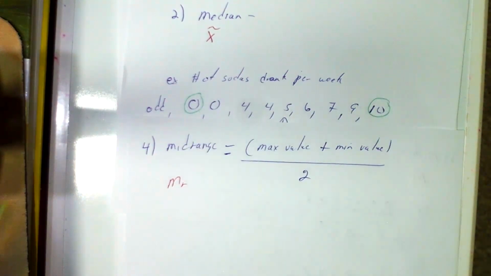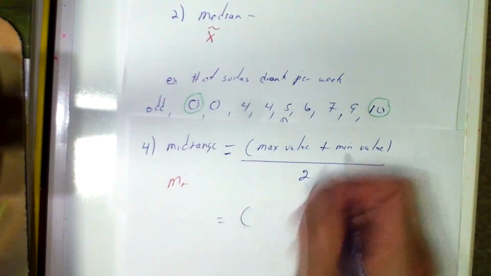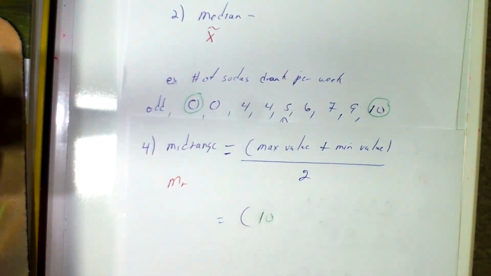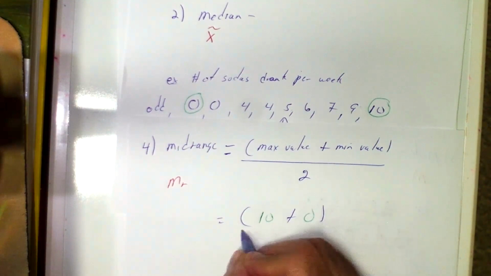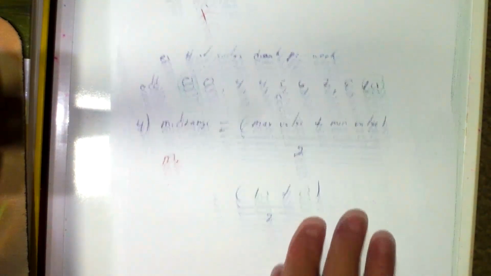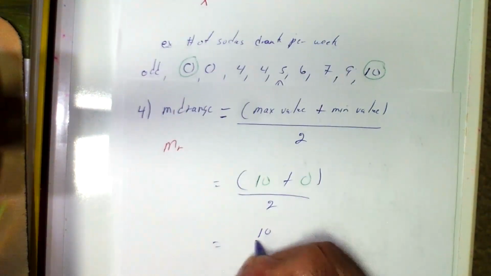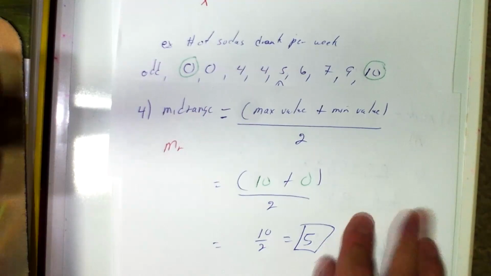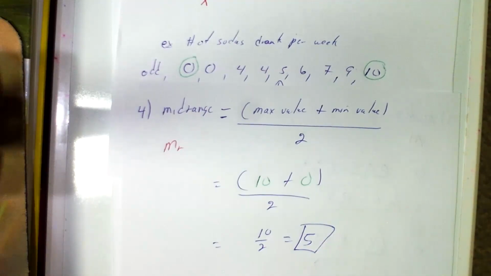I'm going to add 10 plus the minimum, which is 0, and divide the result by 2. That gives me 10 over 2, which gives me 5. So 5 would represent my mid-range.